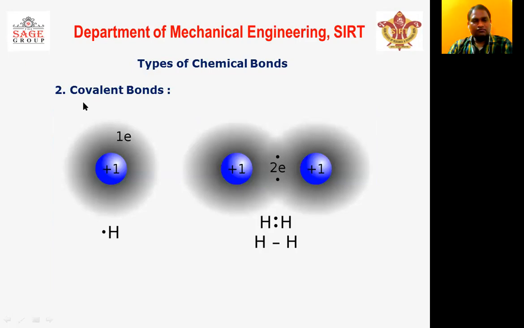Now you can see the example for covalent bond. We have considered here H2. This atom has one electron and this atom has one electron. Then how to make a bond? This electron will be shared with it and this electron will be shared with it. By this sharing phenomenon, the bonding between these two atoms is possible.